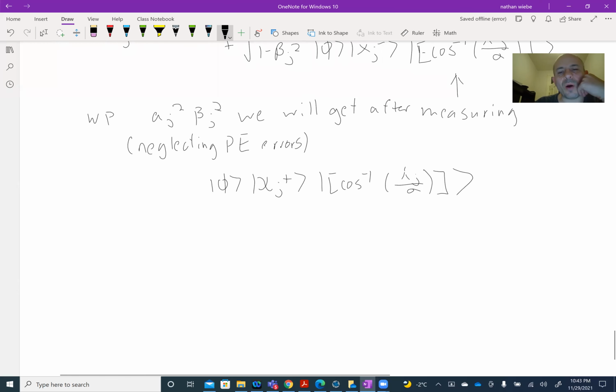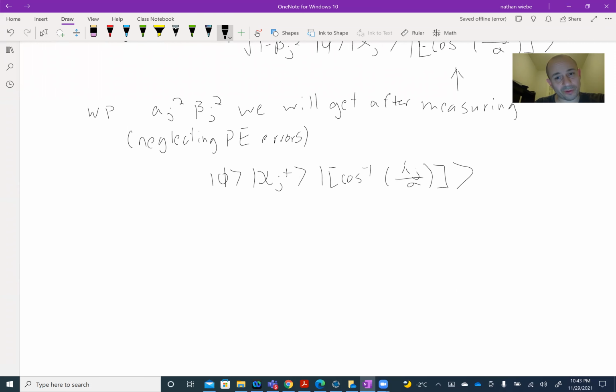And then what we can do is work backwards. We've got now this binary string in here, and we can figure out what the actual value is going to be of lambda j. The way that we do it is I'm going to make an estimator, lambda j estimator, and we'll take this value over here as being our estimate theta hat.